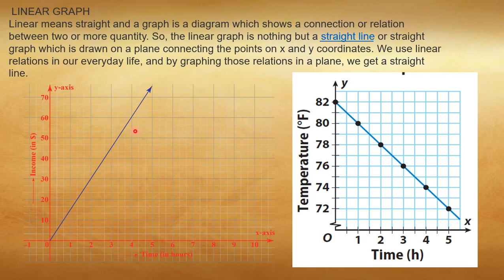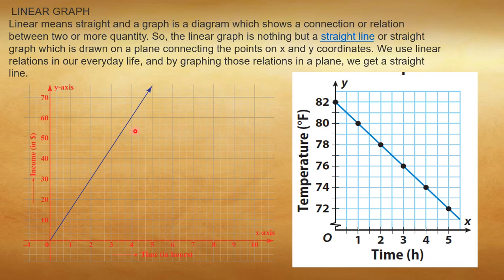So the difference between the line graph and linear graph is that a line graph is used to show continuous changes over a period of time. If the temperature is increasing, decreasing, or increasing again, then when we plot these changes as points on the coordinate axis, we get the line graph that connects one change to the second change and the third change.